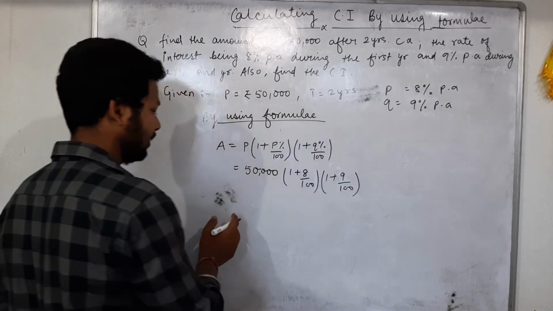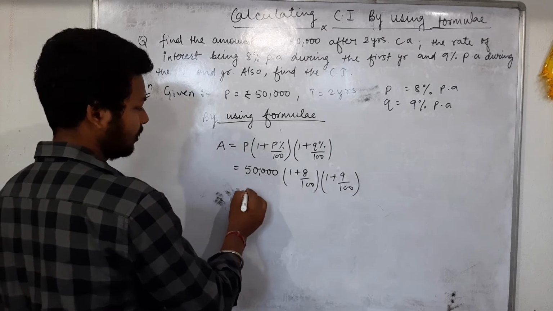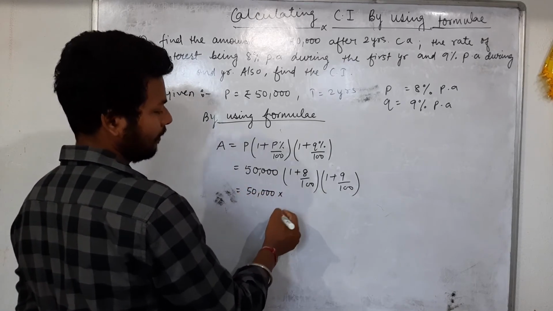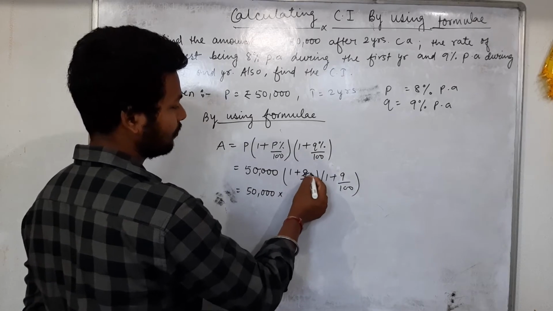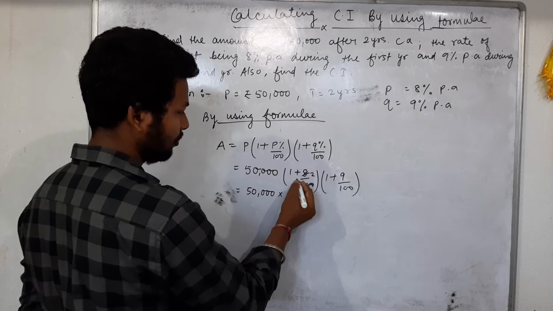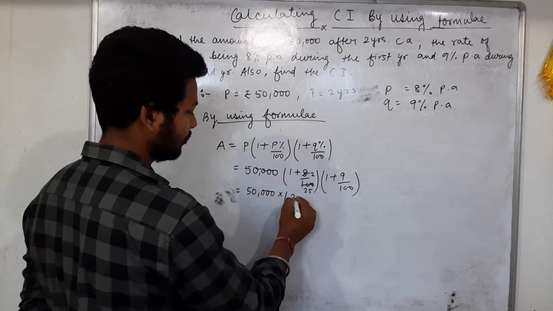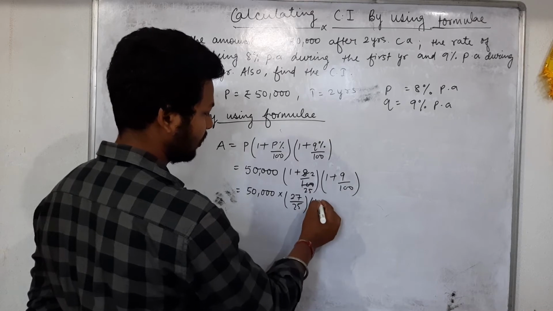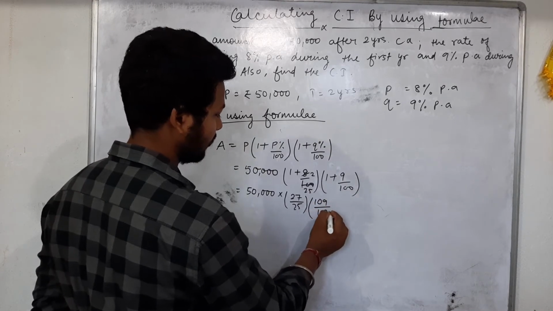On calculating this you will get the amount, that is 50,000 into 27 by 25 into 109 by 100.